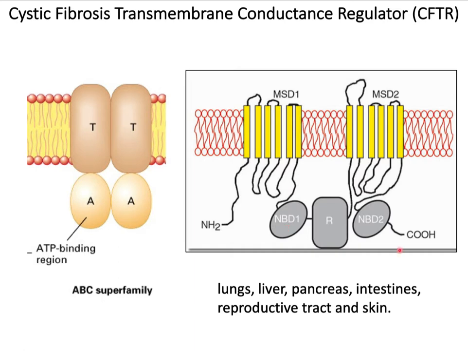And then there is a very important region which we didn't talk about, the R region, or the regulatory region. This R domain really plays an important role in turning this transporter on and off, which is related to the flow of water across epithelia after signaling.